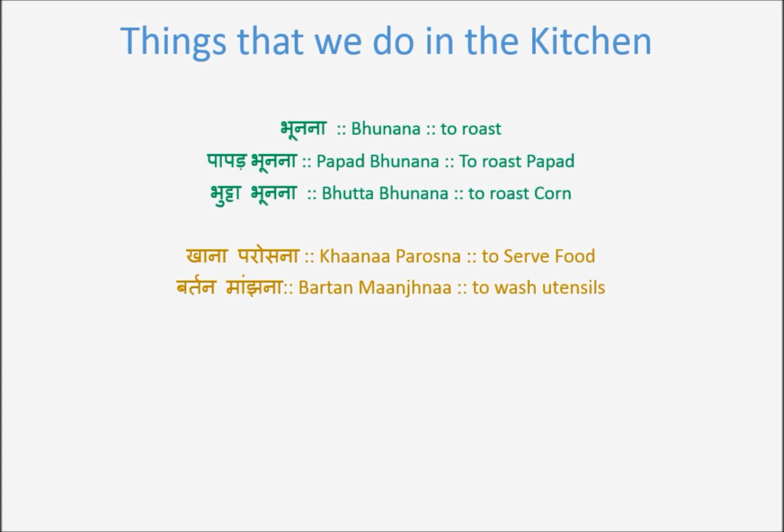And then you came to sabziyan chhilna, sabziyan kaatna, correct? Then sabziyan pakana, right? You prepared the sabzi, you prepared the dal, you prepared the chawal. Then you went on to the rotiyan. First you kneaded the dough. Aata goondhna, right? Aata goondhna, kneading the dough.